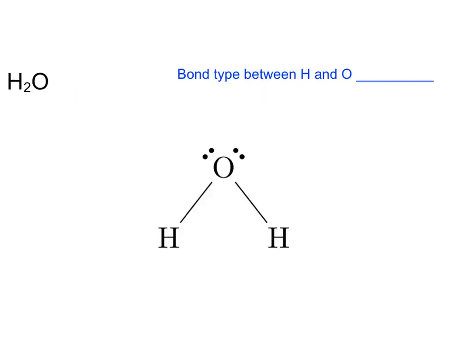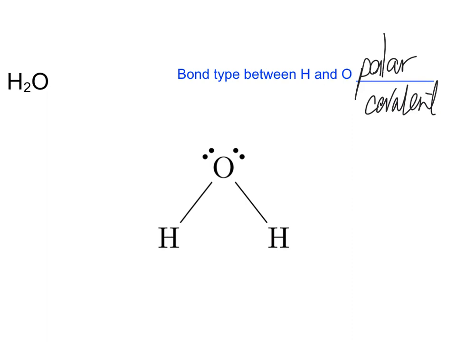Here we have a third example, H2O, pretty common. When I start looking at bond types, I have an H and an O, two nonmetals. They are different nonmetals, so our rule of thumb tells us that's going to be polar covalent. Again, everything we're dealing with is covalent, but just to be thorough.